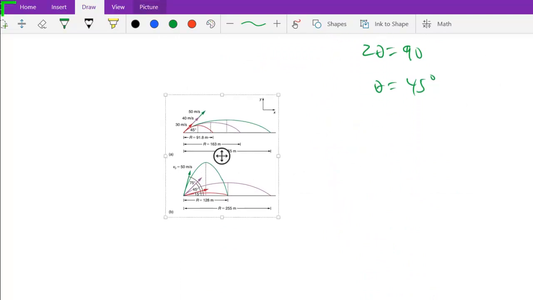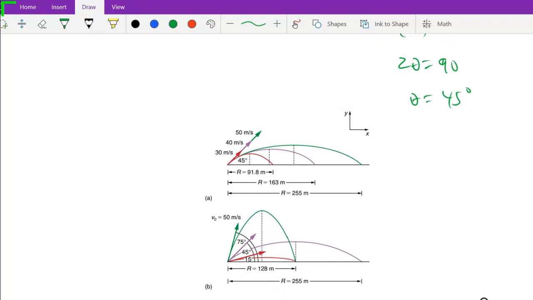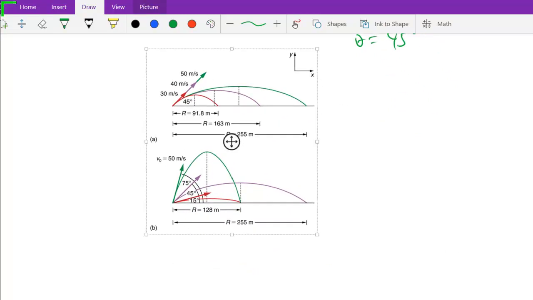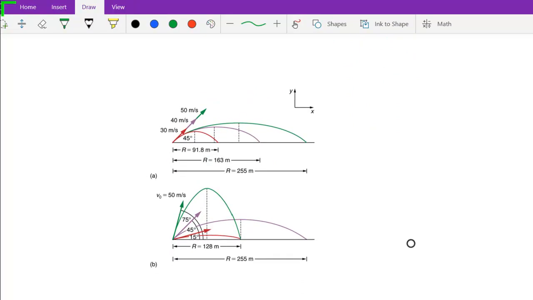Just kind of showing some pictures of this. We have some calculations for the range equation based on different velocities. You can plug these in, but all of these are at 45 degrees, so this is our maximum range.